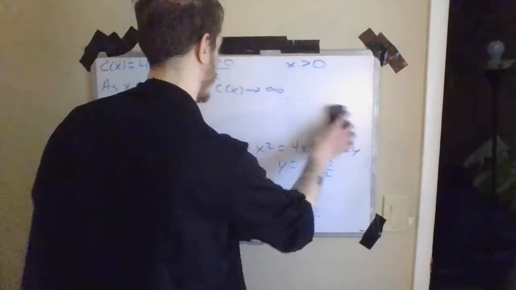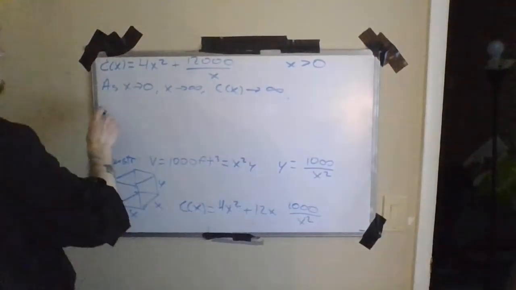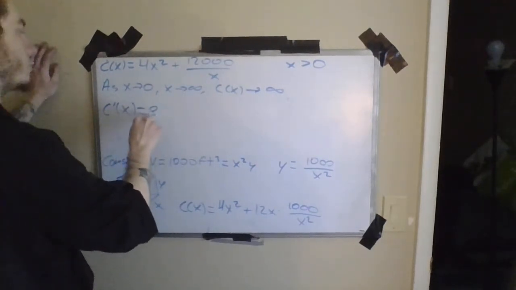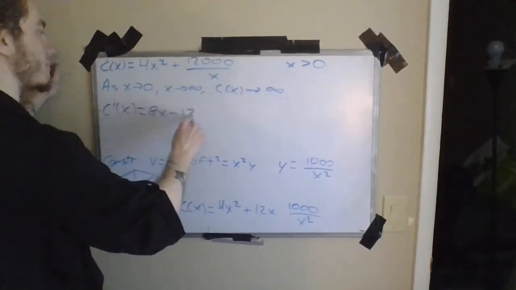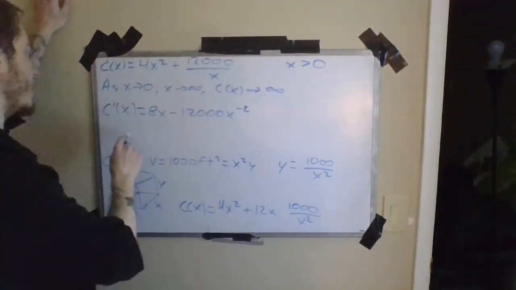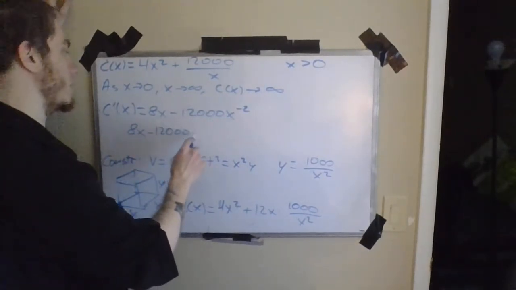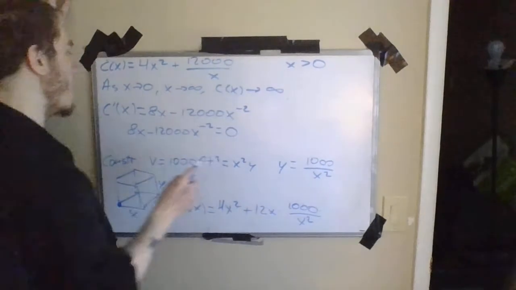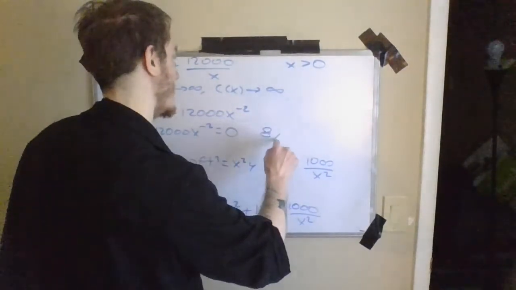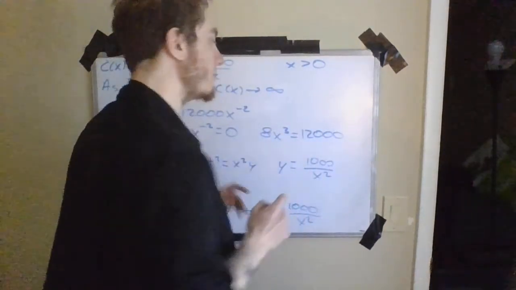So now we can take the derivative of our cost function and we can say c prime of x is going to be equal to 8x minus 12,000 x to the minus 2. If I set this equal to 0, I can multiply both sides by x cubed, so I get 8x cubed is equal to 12,000.